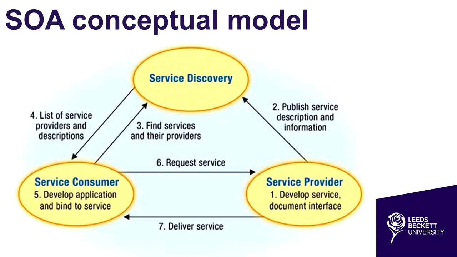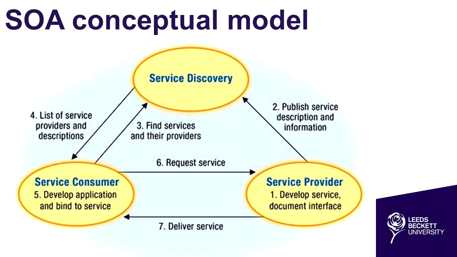Once a service consumer looks for a particular service, a list of service providers is returned to the service consumer in step 4. Now that the service consumer has got the list of services, they can use them to develop their applications and bind the service.